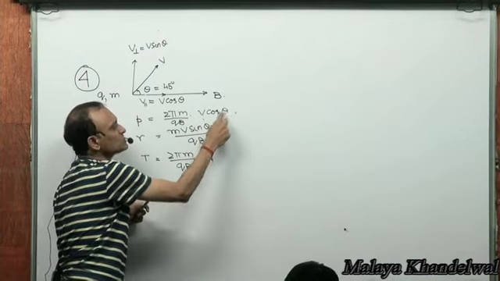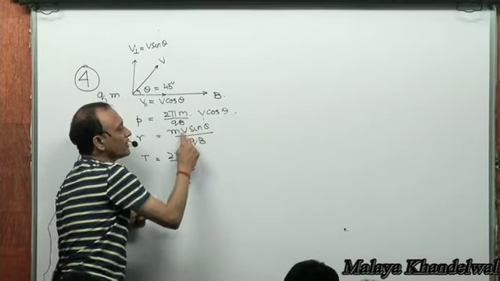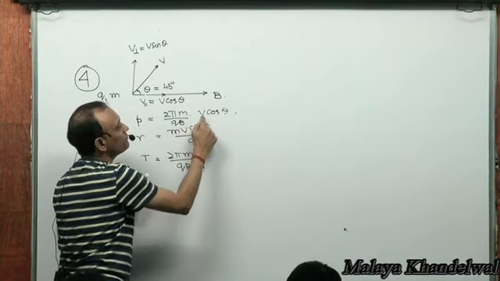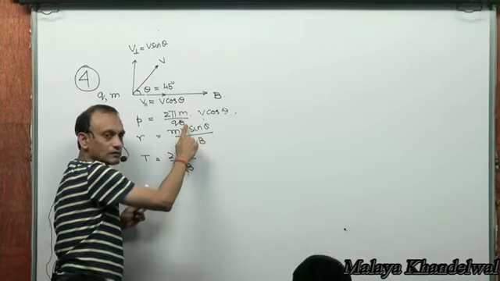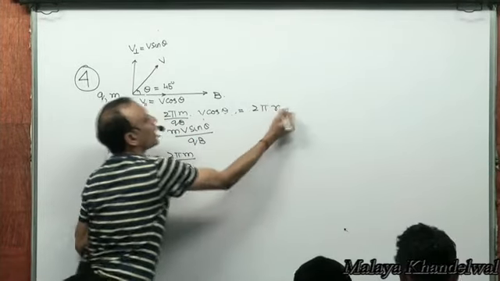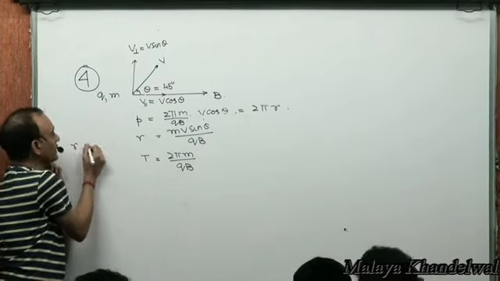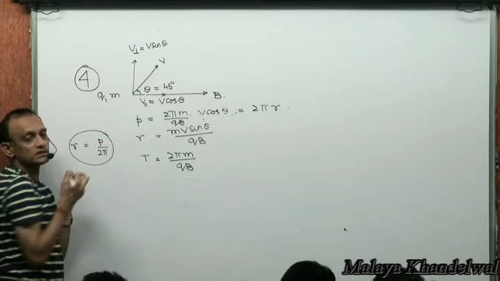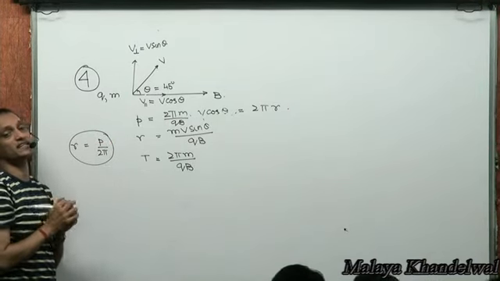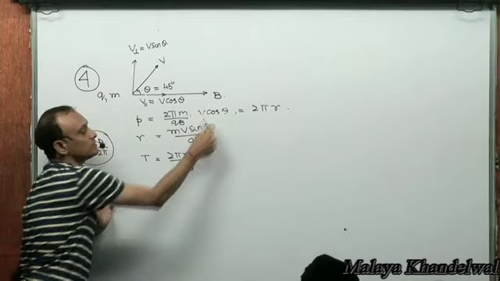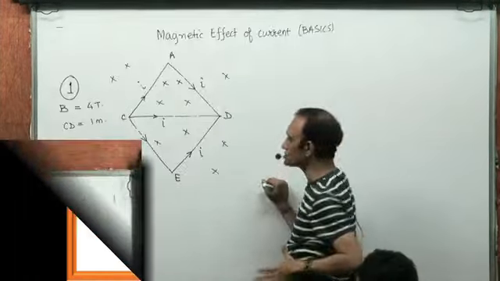So the pitch is like 2 pi r, so r will be p by 2 pi. The radius of the helix is going to be pitch divided by 2 pi, in this case for theta equal to 45 degrees, because cos theta and sin theta are equal. Clear?